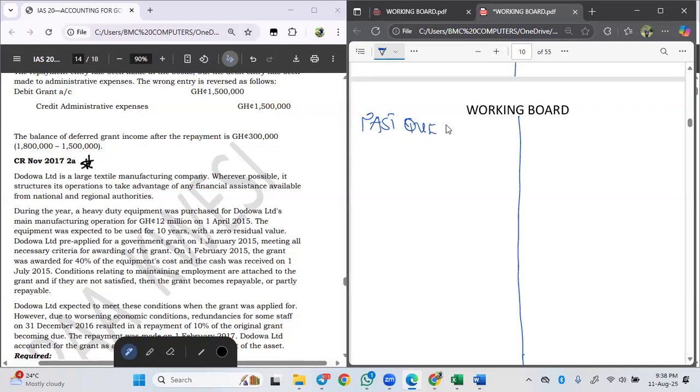That's why I said repayments are for what? Corporate reporting mostly. It was November 2017. See our question 2A. So please let's read. Let's solve this one and close. Dodowa Limited is a large textile manufacturing company.